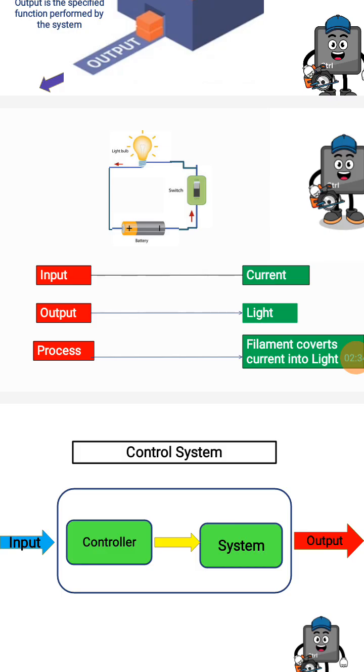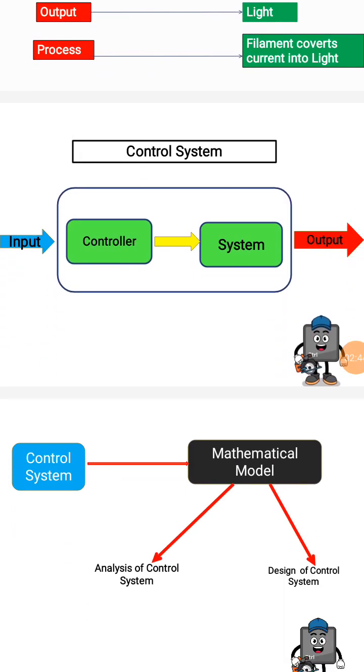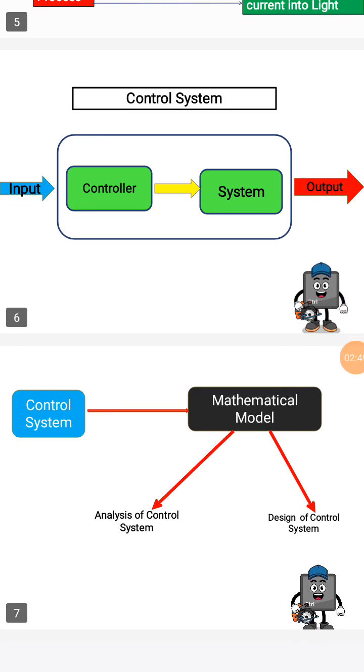If I want to find the relationship between the chosen input and desired output, I need to realize the mathematical model. The mathematical model is realized by two things: analysis of the control system and design of the control system. By analysis we can find the output if we know the input and the mathematical model.